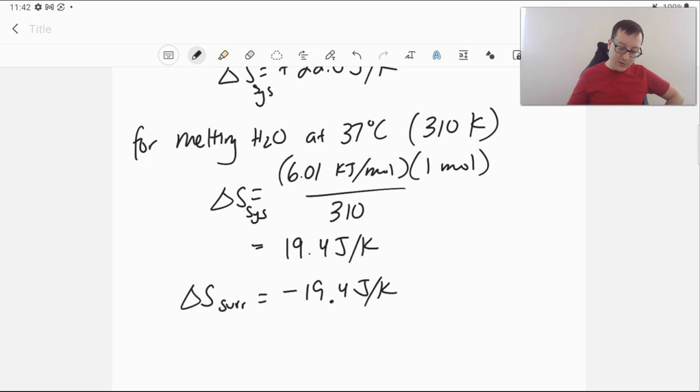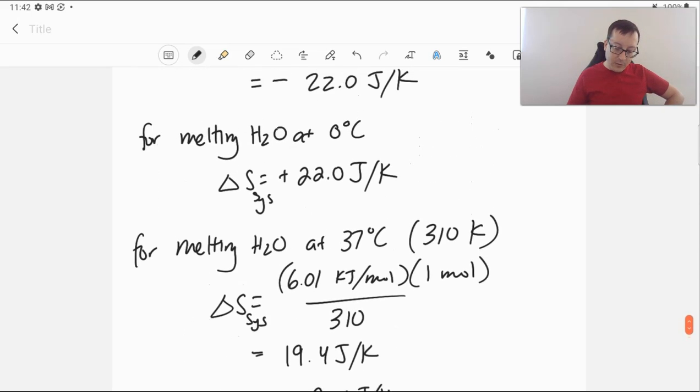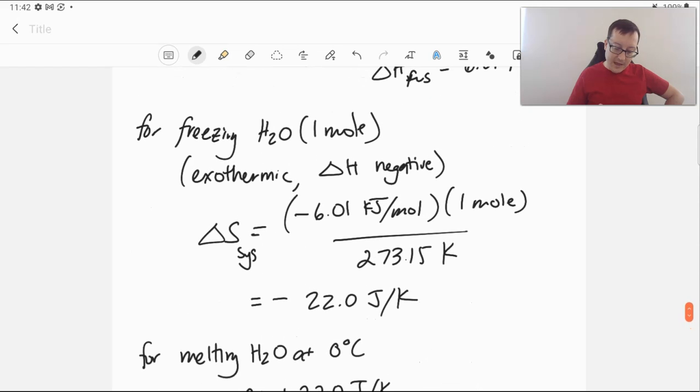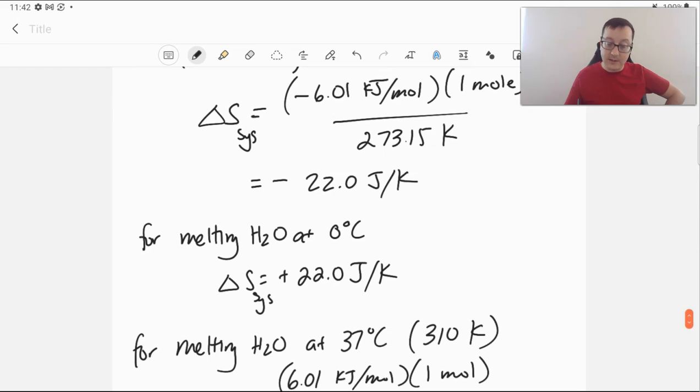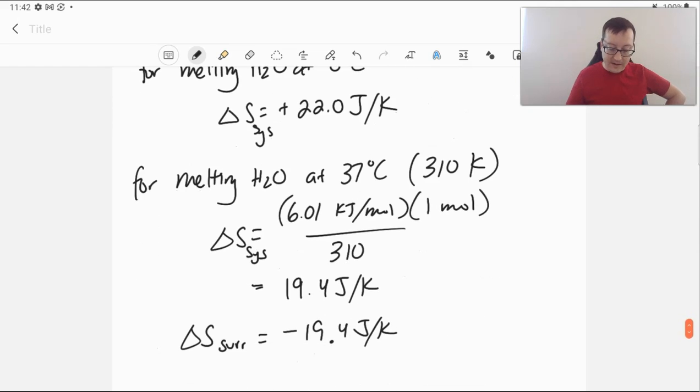And now here's the interesting part. If we were to go ahead and freeze or melt that ice cube at 0 degrees Celsius versus at a different temperature, we're going to see that if we put these together, we'll end up with something interesting.